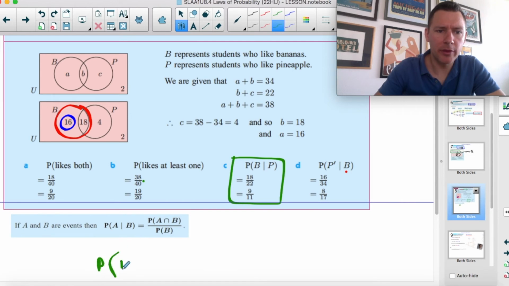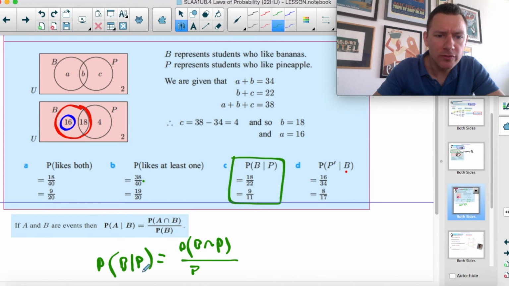If you wanted to do this with the equation, I would set it up like this and say, okay, I want the probability of banana given pineapple. So therefore, I need the probability of banana and pineapple over the probability of the second one, which is the probability of pineapple. Right?